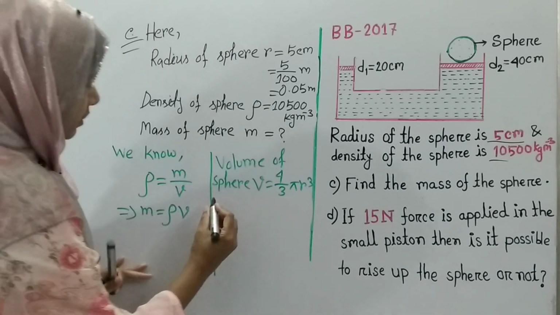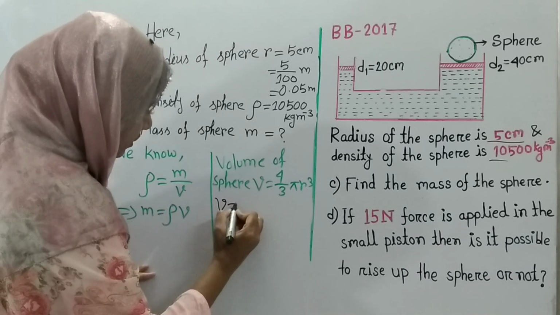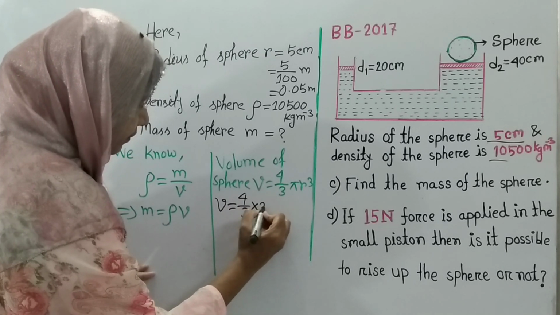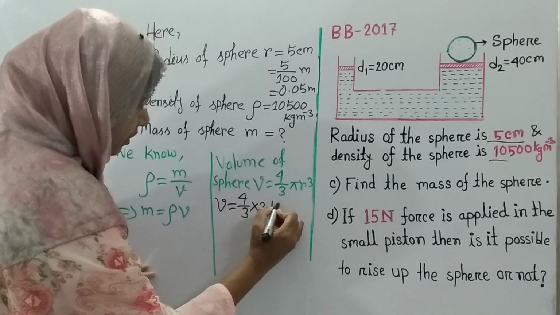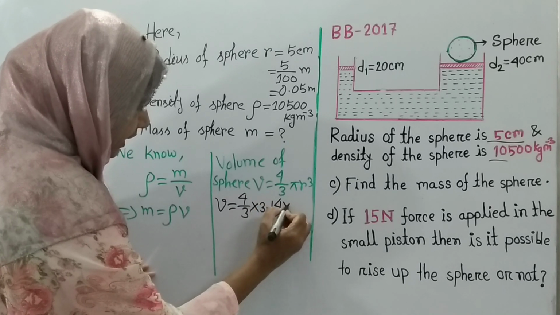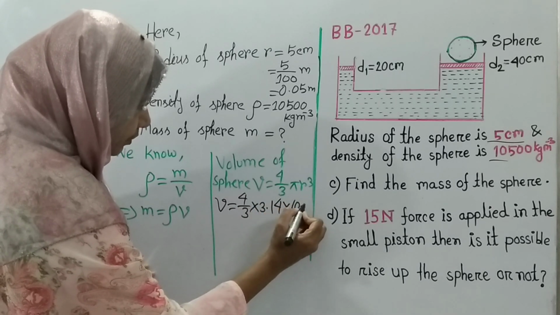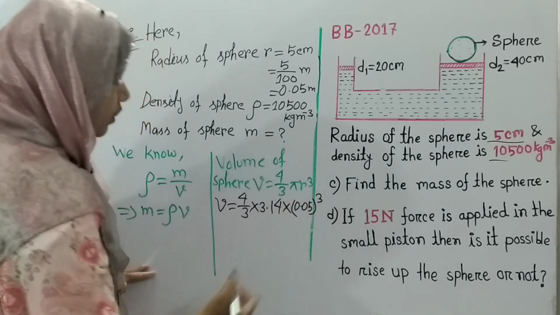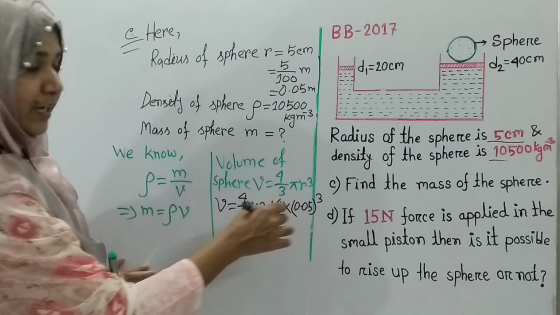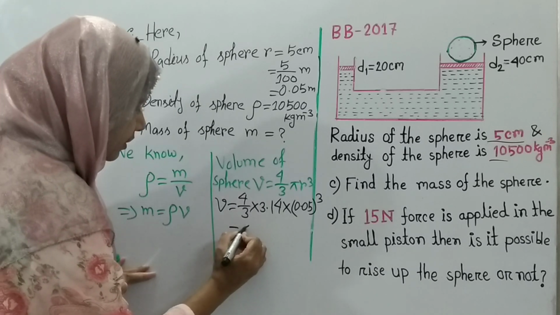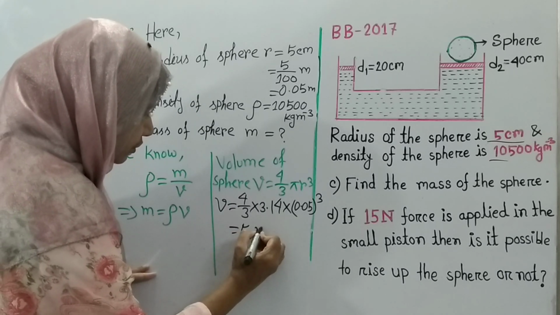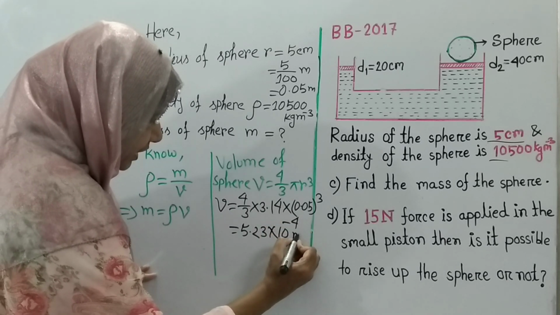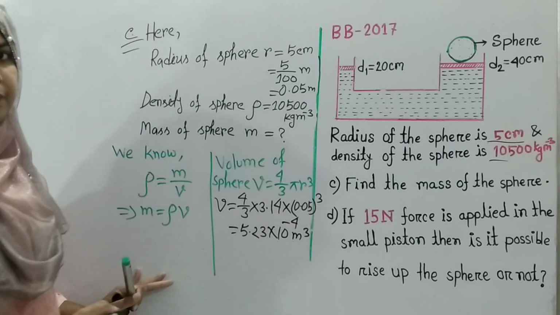Now v equals to 4 by 3 into the value of pi 3.14 into value of r 0.05 whole cube. So after calculating it, you will get the answer 5.23 into 10 to the power minus 4 meter cube.